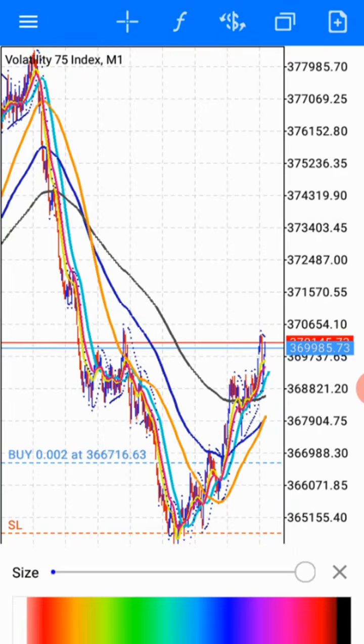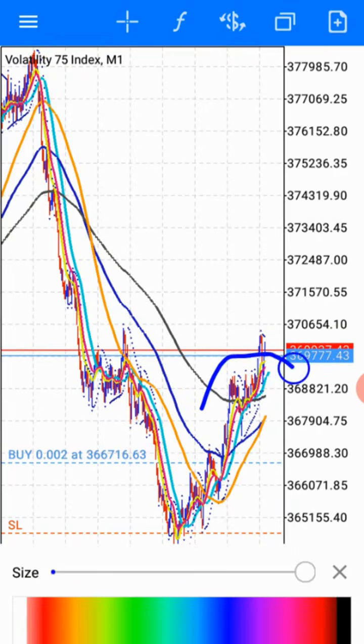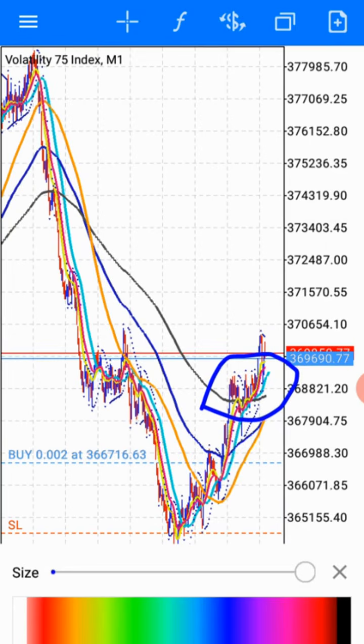When the price got to here, we're supposed to take our third entry. Our entry one is the first moving average yellow, the second is moving average blue, the third is moving average black. Are you getting me? When it got there, it still came back and retested.